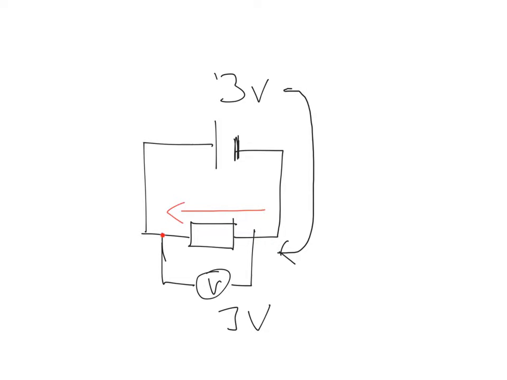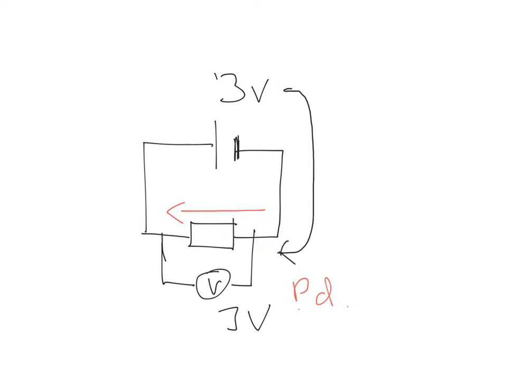So what this voltmeter is reading out is what we call a potential difference, because it's measuring the difference in potential, i.e. the energy, between this point here and this point here. It came in with 3 volts and it's leaving with 0 volts, so the potential difference is 3 volts. So that's what potential difference means.